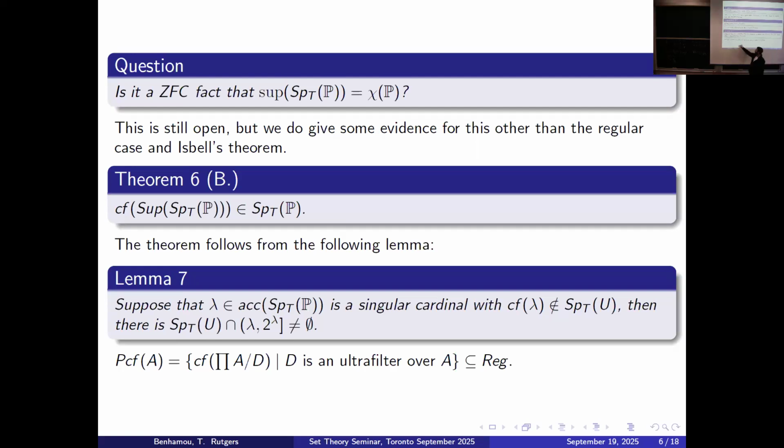And you order them modulo an ultrafilter D, and you take the cofinality of that. And you range over all possible ultrafilters. So you get many different cofinalities. And that's the PCF of a set of regular cardinals. That's the definition. Obviously, that's a linear ordering because D is an ultrafilter, so the cofinality of that is going to be a regular cardinal. And therefore, the PCF of A is always a set of regular cardinals.